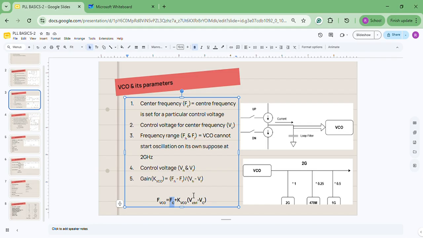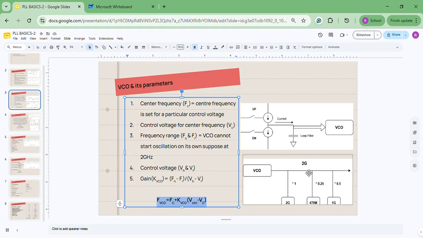Any VCO should give some default frequency. We'll go into more detail on this frequency.